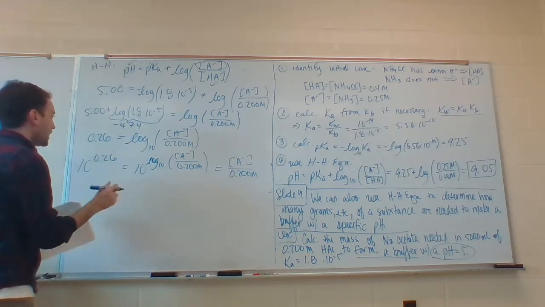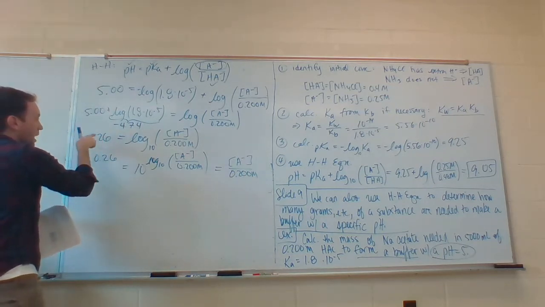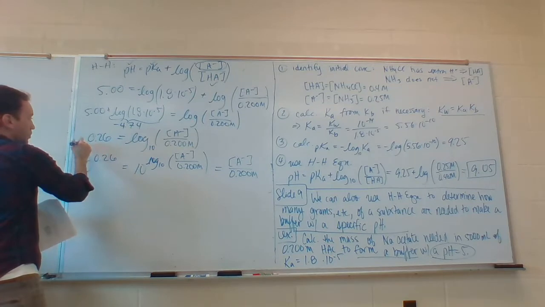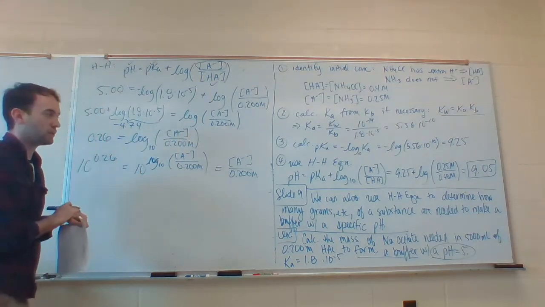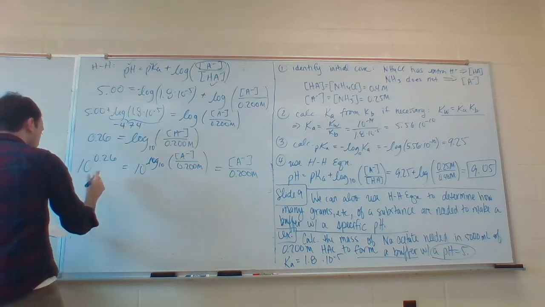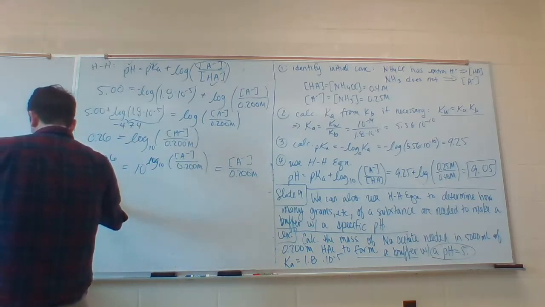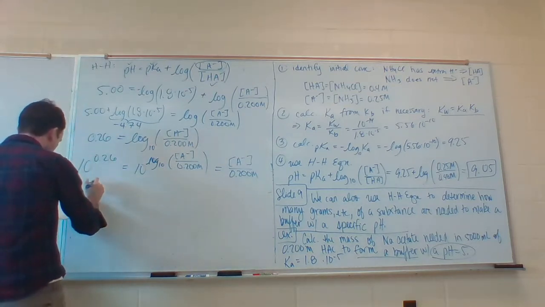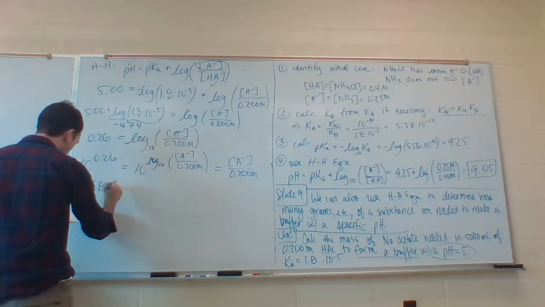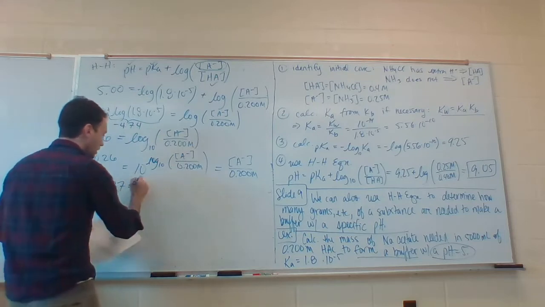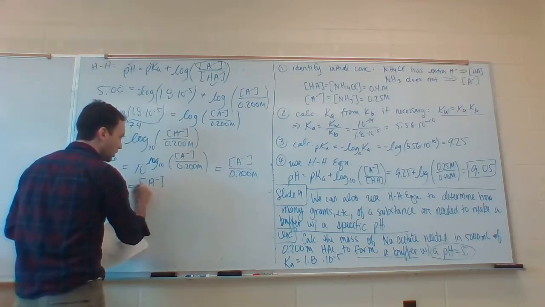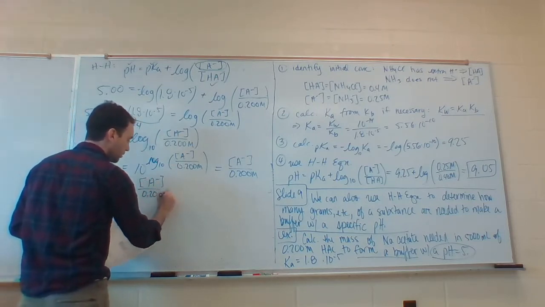Now, if you ever forget, just remember you take 10 to the right, or you take 10 to what you have over here, and then you get whatever's inside the log on the other side. Okay? Now, that means that on the left-hand side here, we have 1.8197, and that's equal to our concentration in A minus over 0.200 molar.